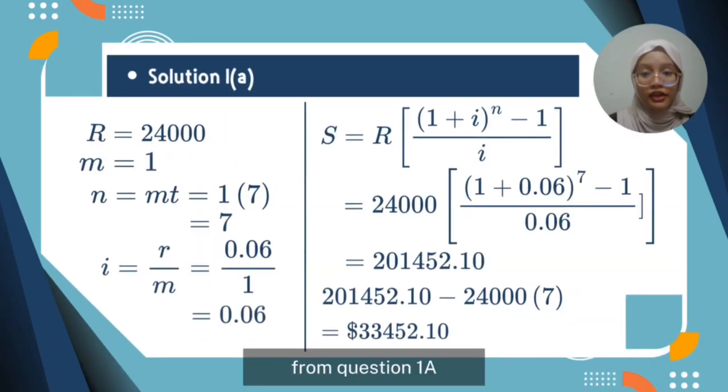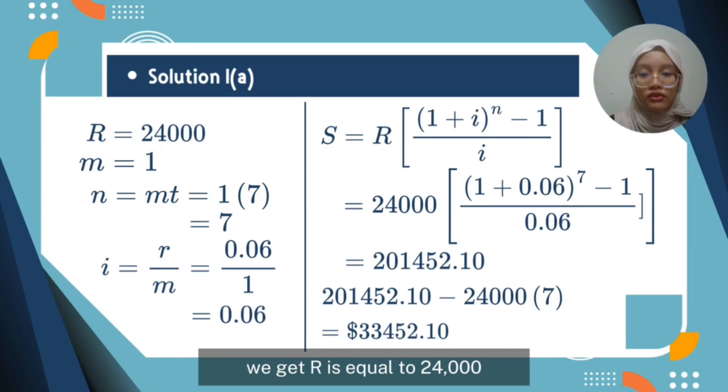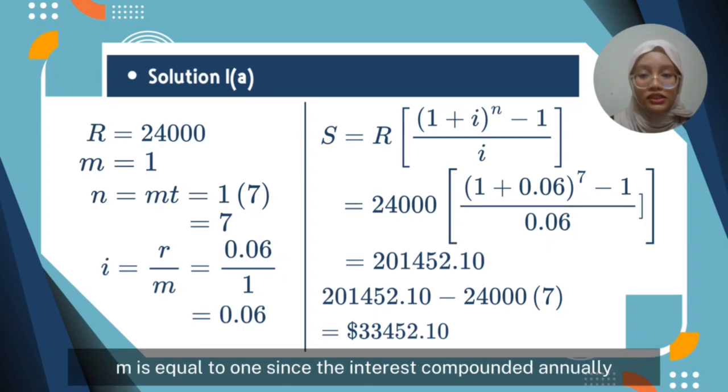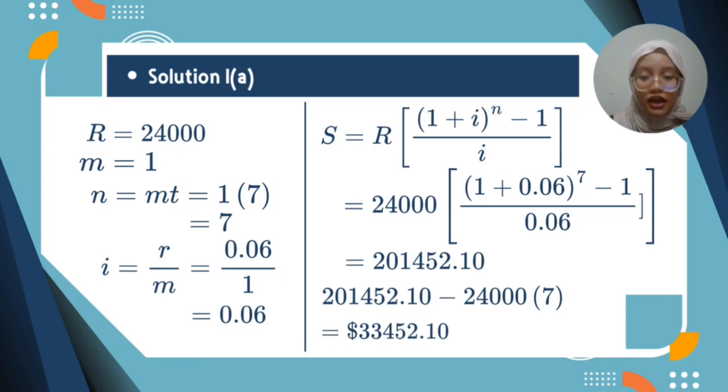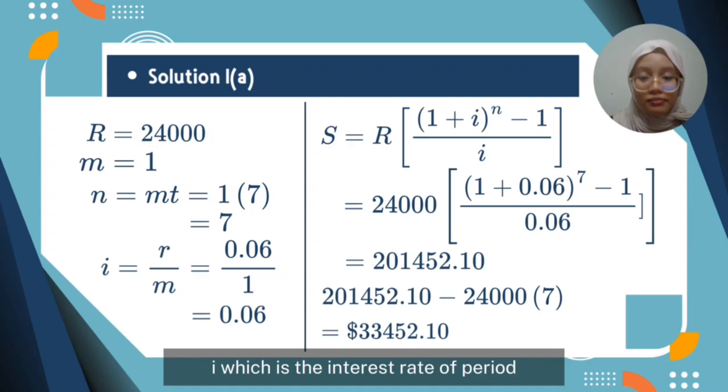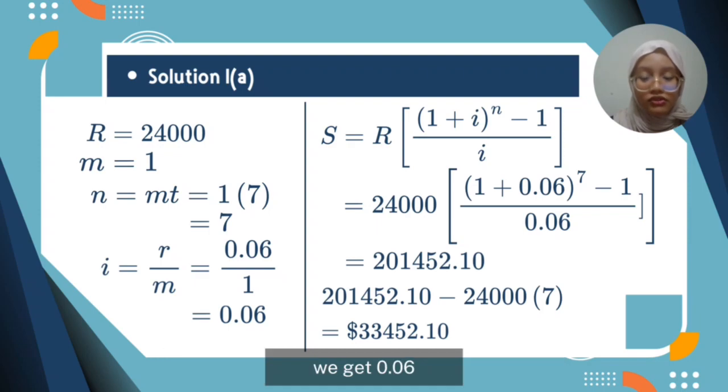From question 1a, we get R equal to 24,000, m equal to 1 since the interest is compounded annually, n, the number of periods, is 7, and i, the interest rate per period, is 0.06.